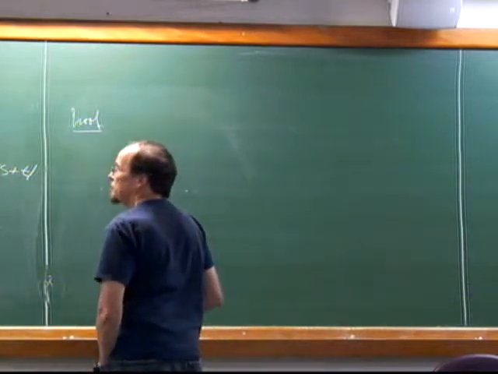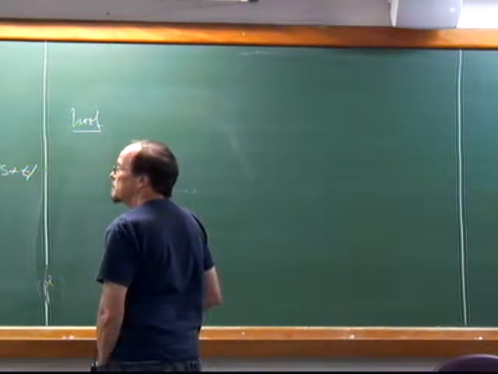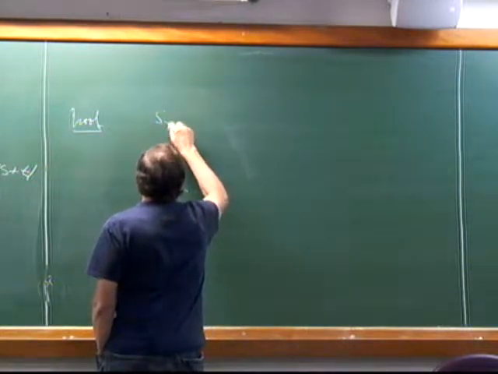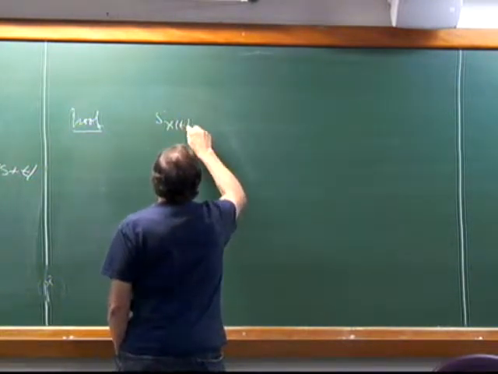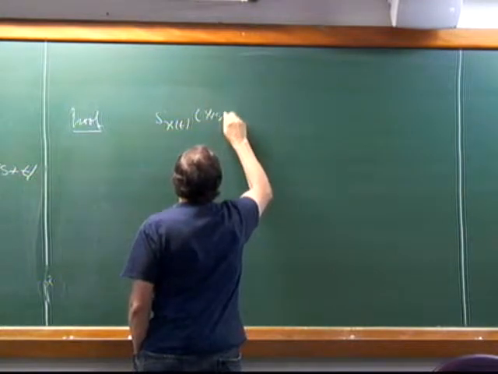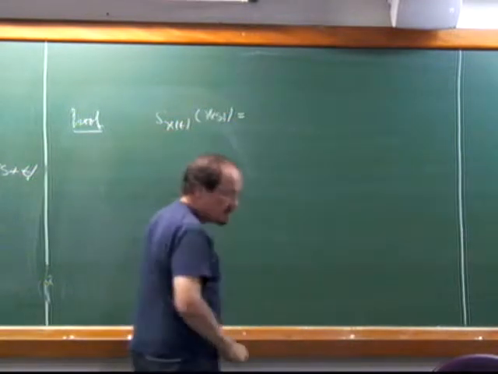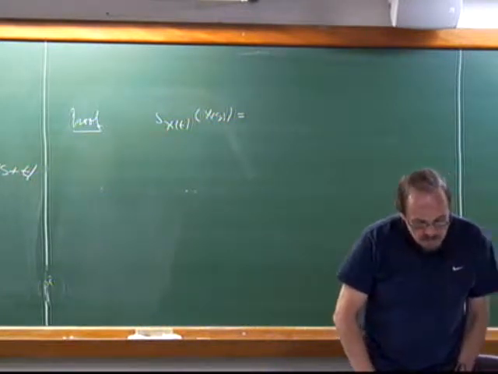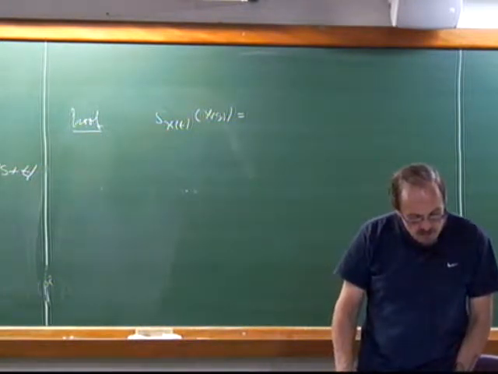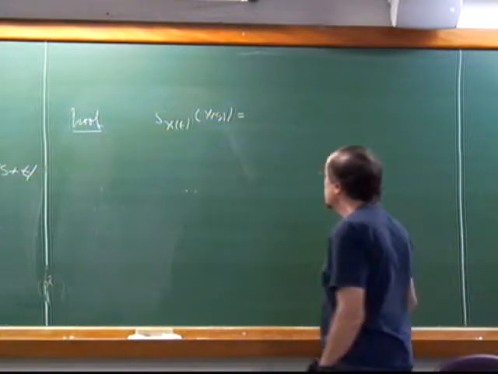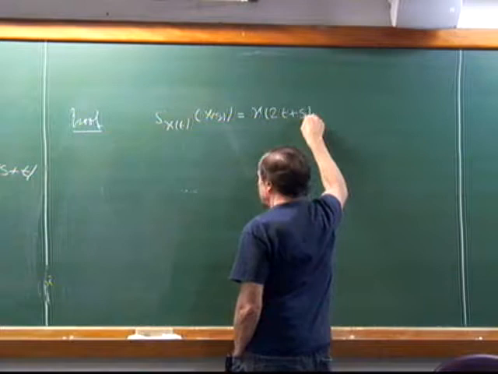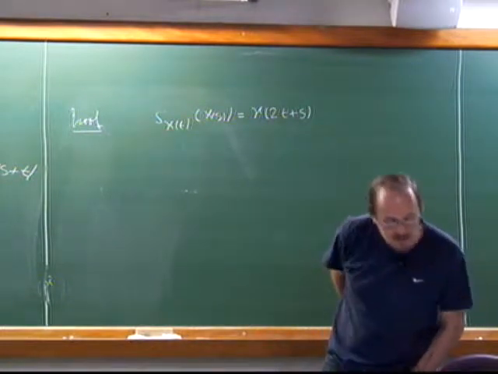Let's first think about what a symmetry around gamma of t does to gamma of s. I claim that's gamma of 2t minus s.